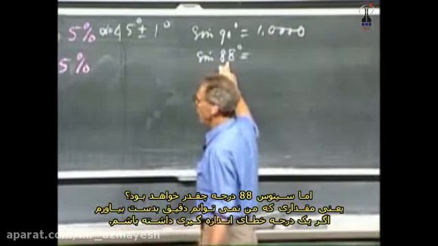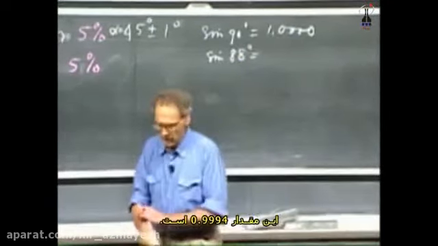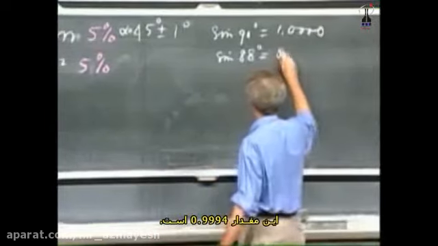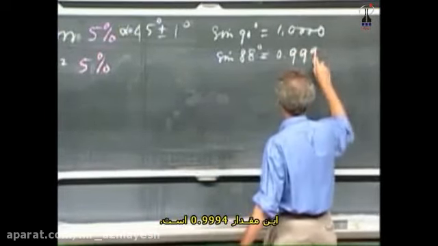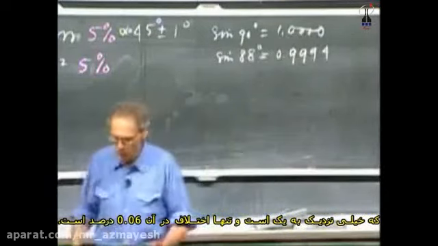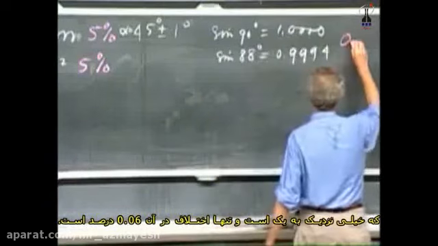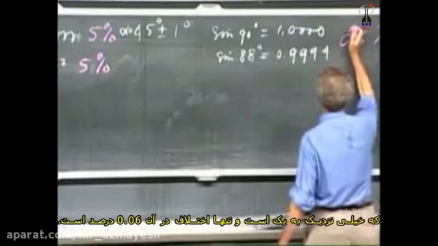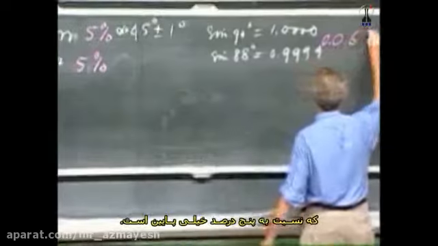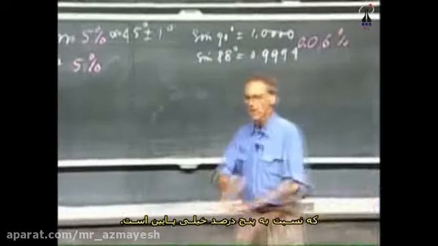That is the value that I cannot exclude if I'm off by 1 degree. And that value is 0.9994. That is so close to 1 that it is only off by 0.06%. And that is so low compared to 5%, forget it.